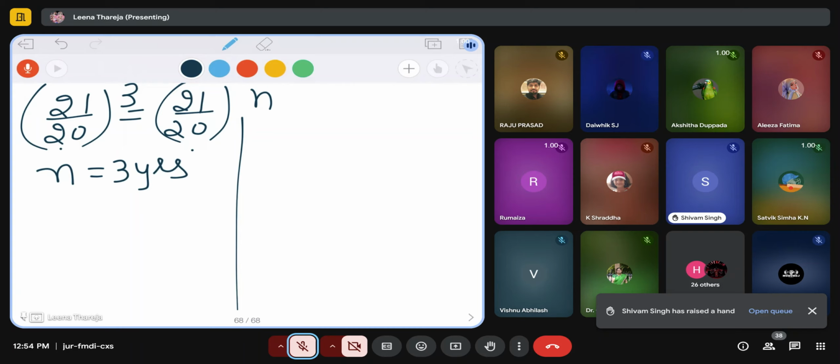A sum of rupees 44,200 is divided between John and Smith, 12 years and 14 years old respectively. There are two persons, one is John and another one is Smith, and their ages are given, one is 12 years old and one is 14 years old, and they have divided this money into two parts.